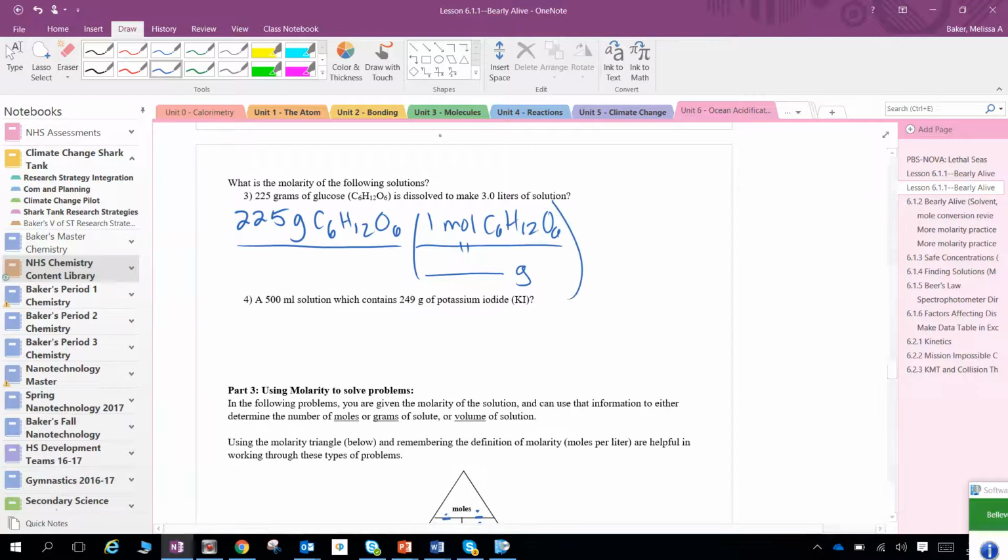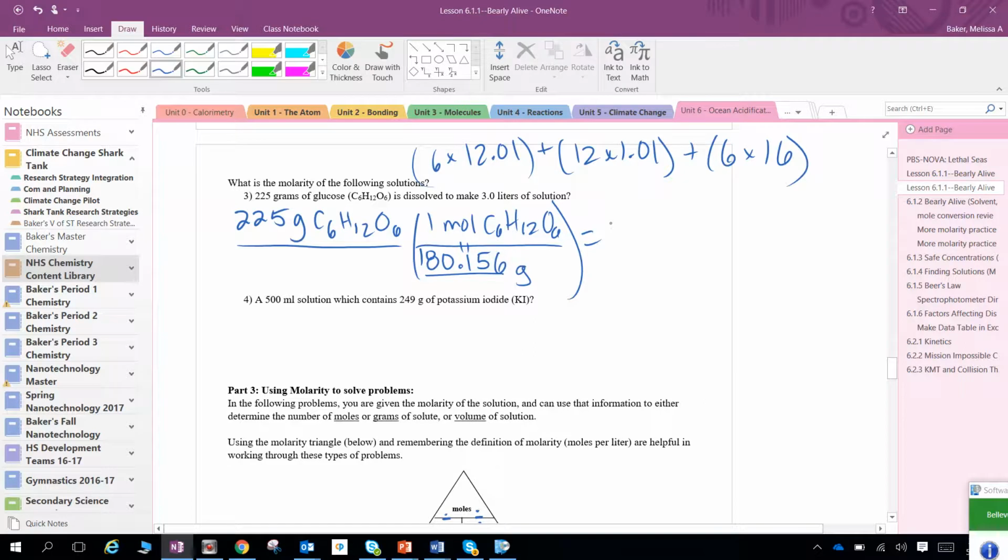So I'm going to go off to the side and do the math. 6 times carbon's molar mass, 12.01, plus there's 12 hydrogens. They each weigh 1.01 grams per mole. Plus there's 6 oxygen. They each weigh 16 grams per mole. And that comes out to be a grand total of about 180.156 with the periodic table I was using.